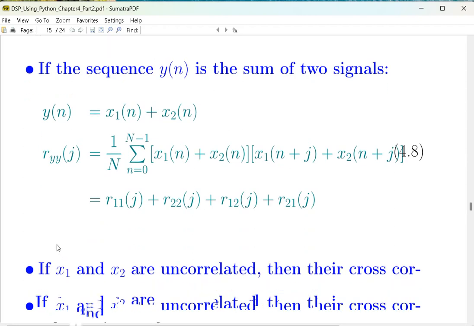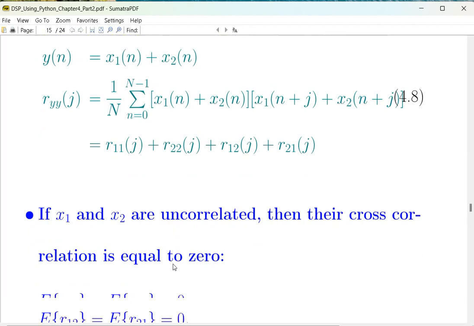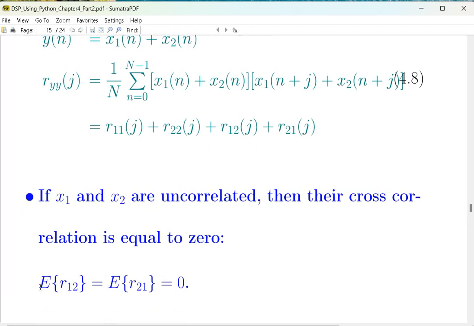Okay? If x1 and x2 are uncorrelated, then their cross correlation is equal to 0. Expected value of r1 2 will be 0, and the same for expected value of r2 1.